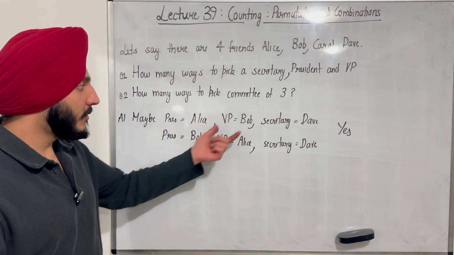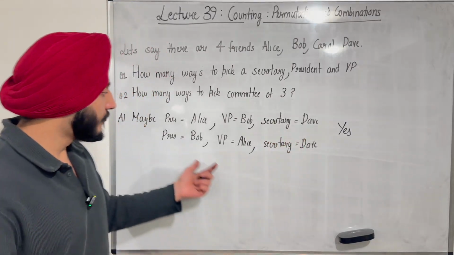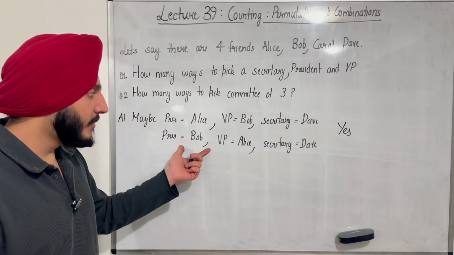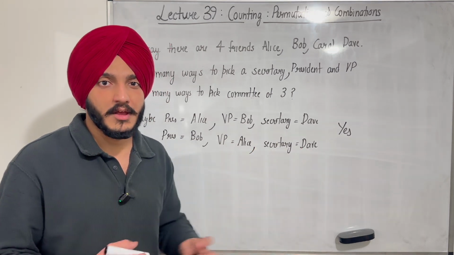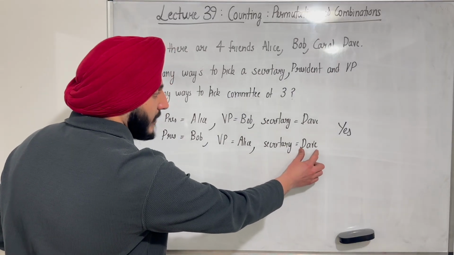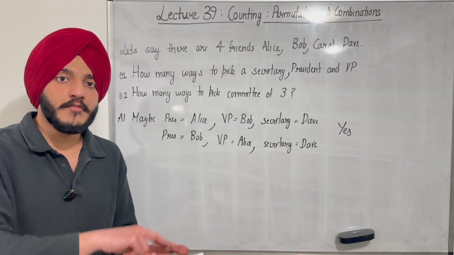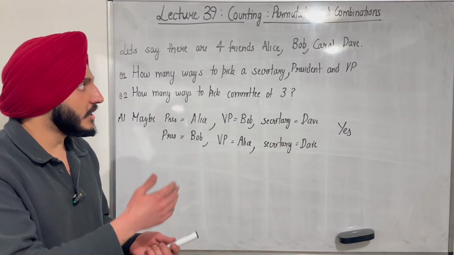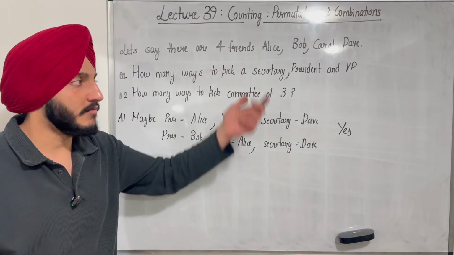Alice being the president, Bob being the vice president, and Dave being the secretary is different from Bob being the president, Alice being the VP, and Dave being the secretary, right? Now, once again, if I change and make Dave the president and make Bob the secretary, in that case, it would be another one of the ways to pick a secretary, president, and VP.